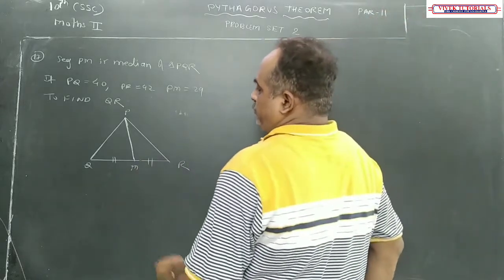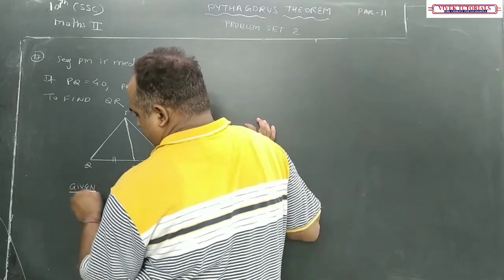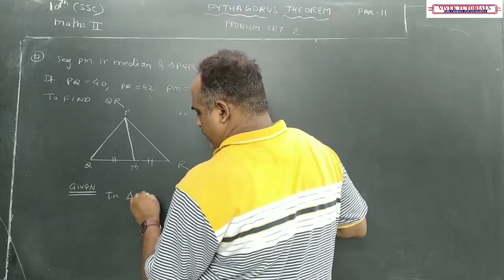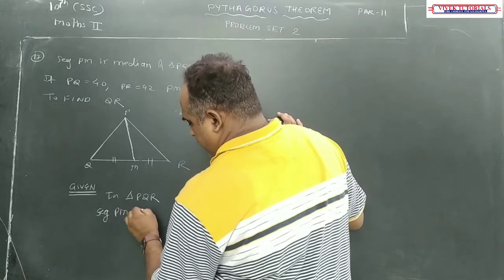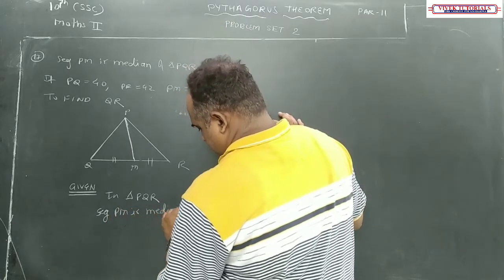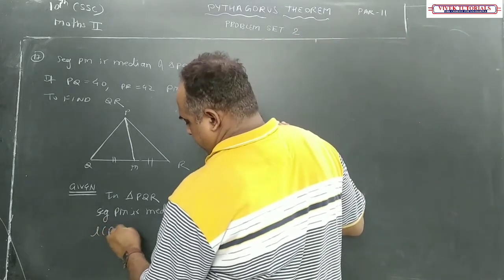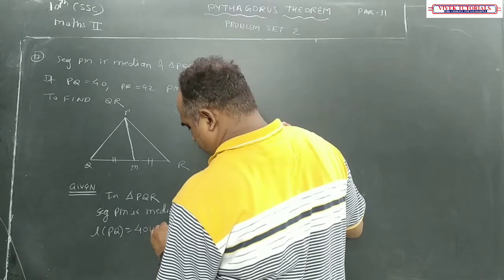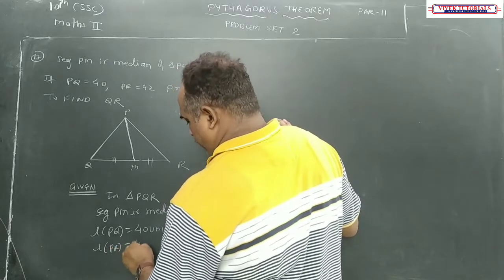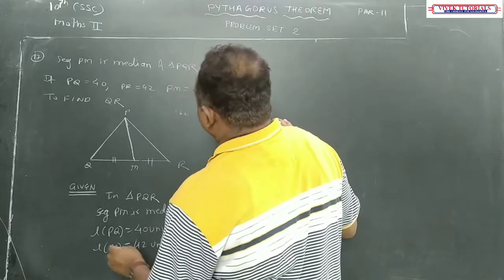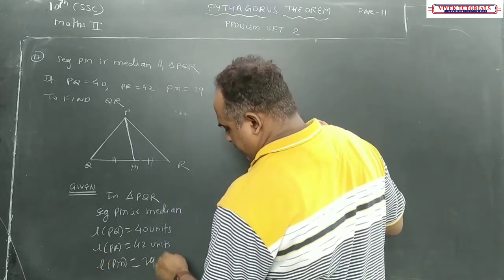Then they are asked to find out QR. So given, in triangle PQR, segment PM is median. Length PQ is equal to 40 units. Length PR is equal to 42 units, and length PM is equal to 29 units.